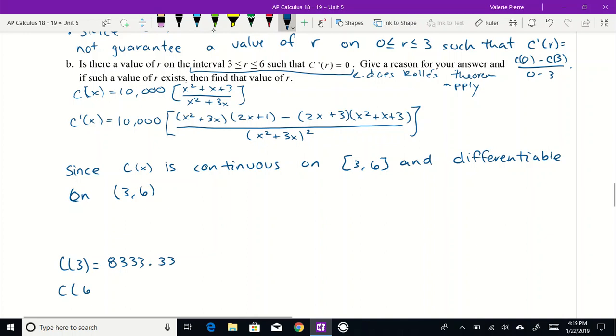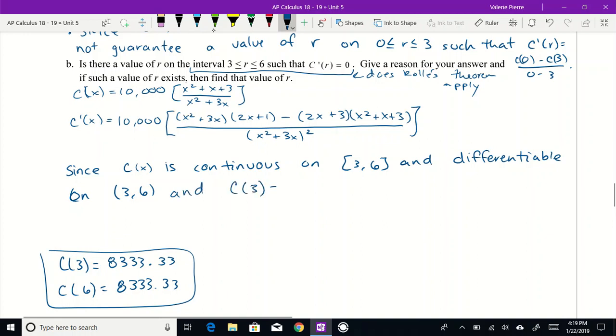And C of 6, we get 8,333.33. So it's continuous, it's differentiable, and C of 3 is equal to C of 6, which is equal to 8,333.33.